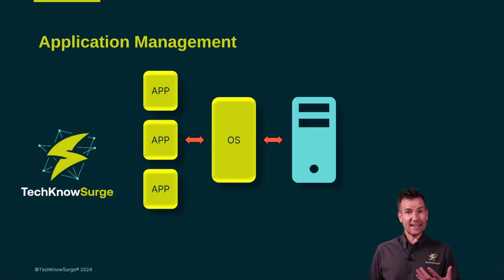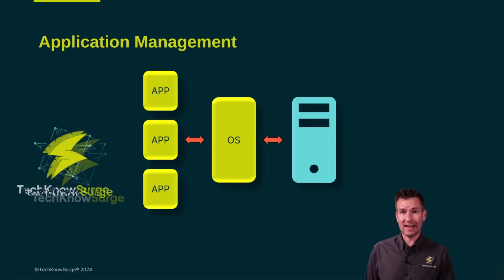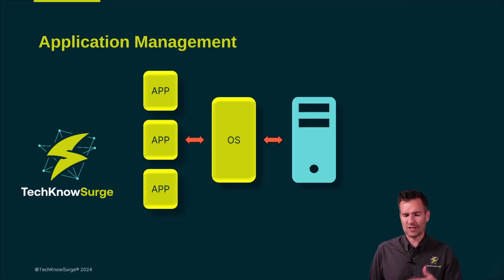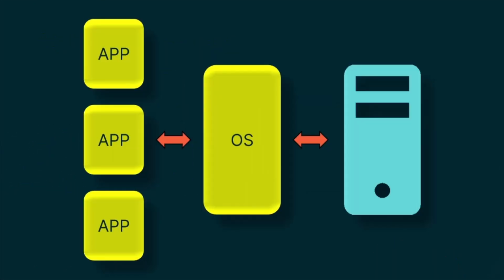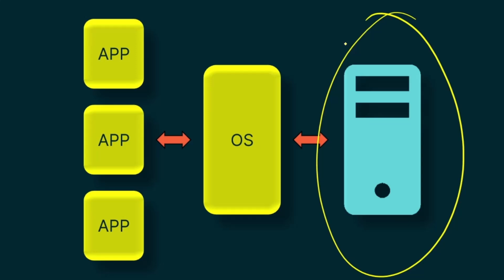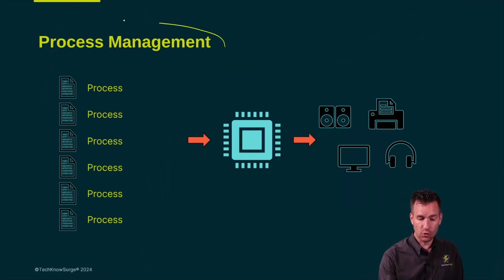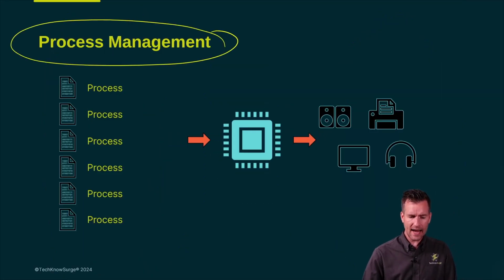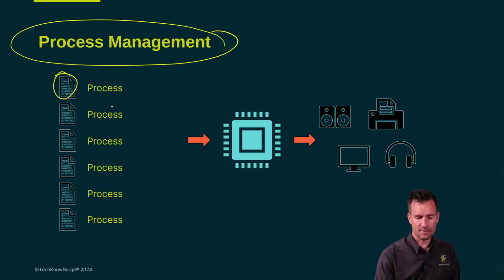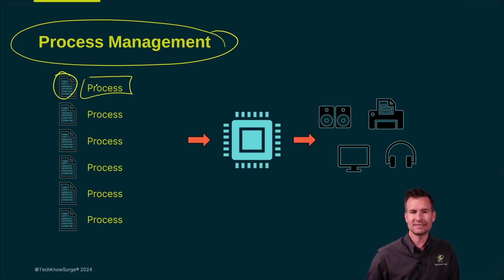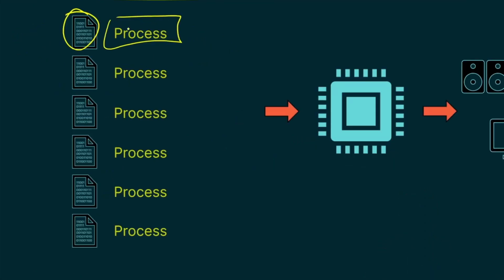There's also a lot of different apps that are running on your machine at any given time, a lot of programs, a lot of processes. And so in order to be able to utilize all this hardware, there needs to be some coordination between those apps. So the OS does some application management. And a lot of that management happens through process management, that those applications, those programs, get turned into some sort of process, a process that's prioritized amongst many different processes.